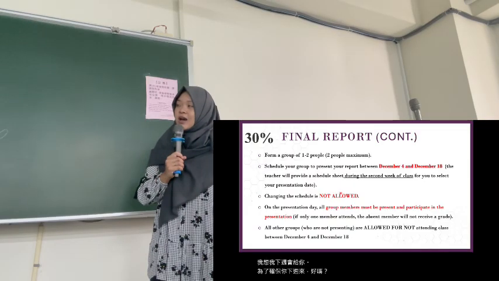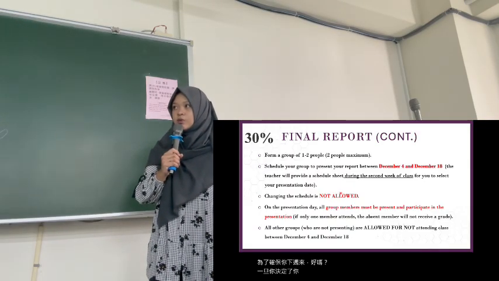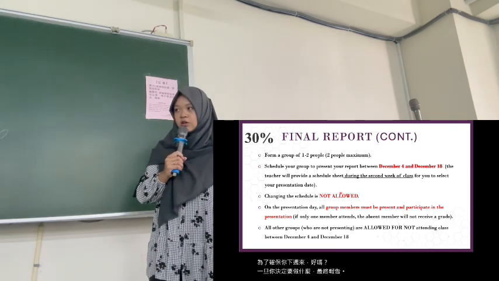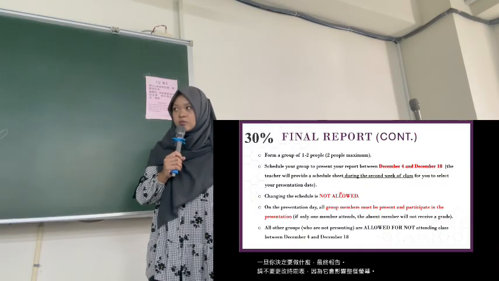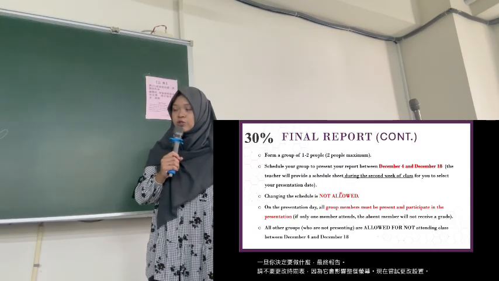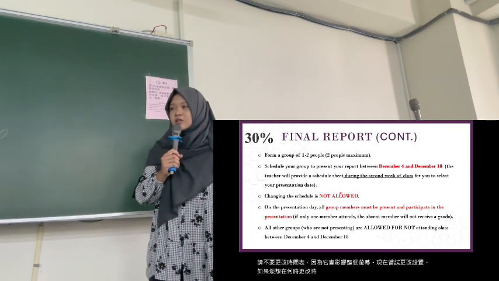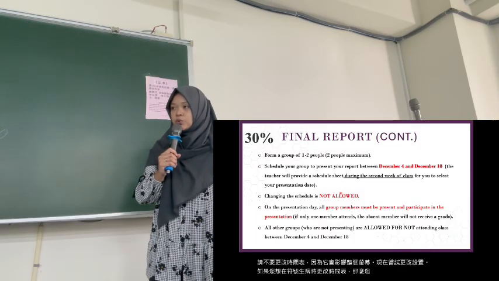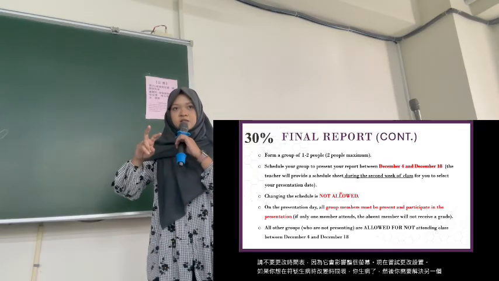Once you decide when you will do the final report, please do not change the schedule, because it will affect the whole schedule. If you want to change the schedule, for example, if you are sick, then you need to tell the other groups to swap.